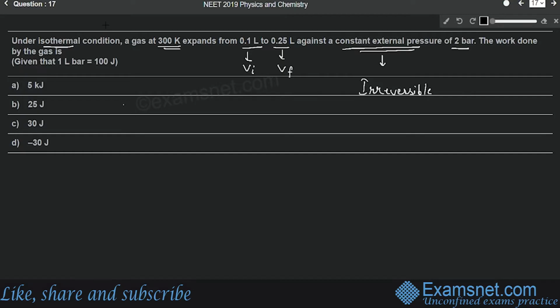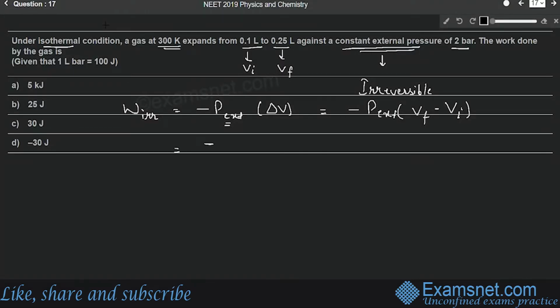We have to find out the work done by the gas. So we know that the work done in case of an irreversible process is given as minus P external into delta V, where this is the external pressure and delta V is the change in volume. So it can be written as minus P external times final volume minus initial volume. Now let's put the values.